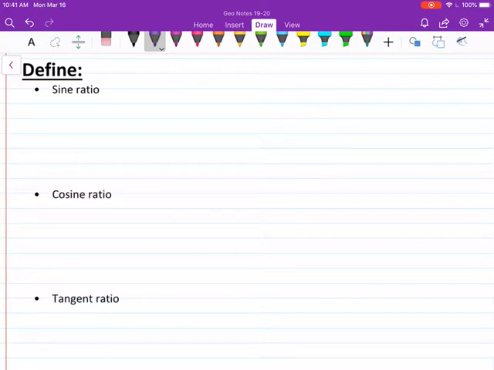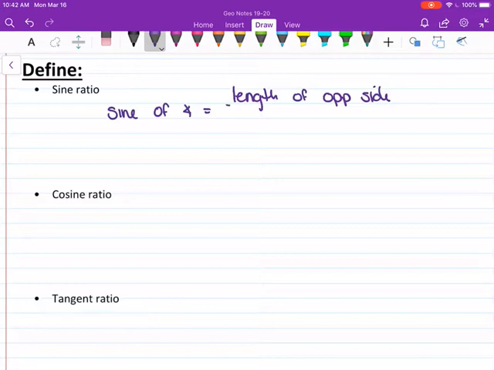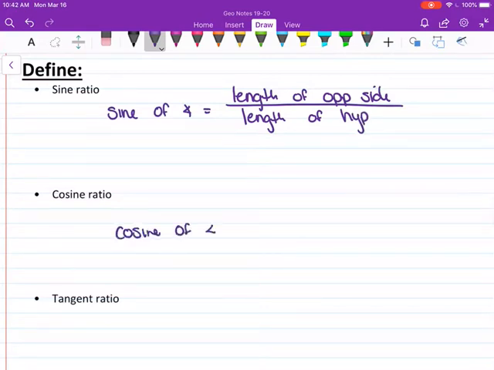So the first one is the sine ratio. The sine of an angle is the length of the side opposite that angle divided by the length of the hypotenuse. The cosine ratio of an angle is going to be the length of the adjacent side divided by the length of the hypotenuse.